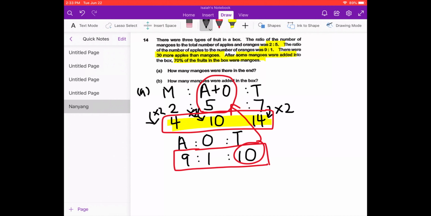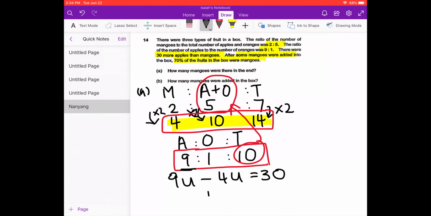Out of all these 10 units of apples and oranges, 9 of them are apples. So 9 units are actually apples. And if we look at the ratio at the top for mangoes, we know there are 4 units of mangoes. So if we take the number of apples minus the number of mangoes, that will give us 30, because there are 30 more apples than mangoes.